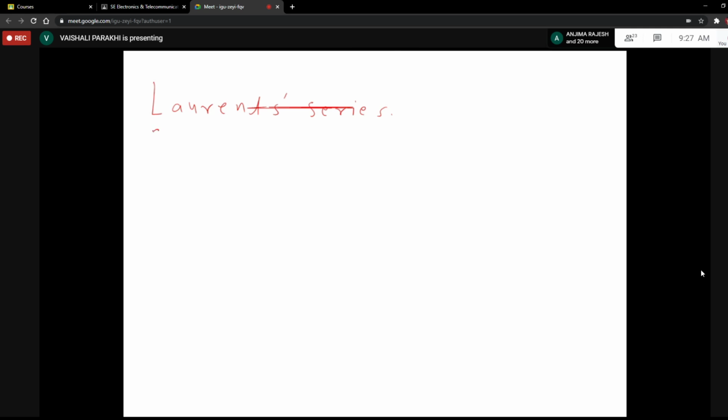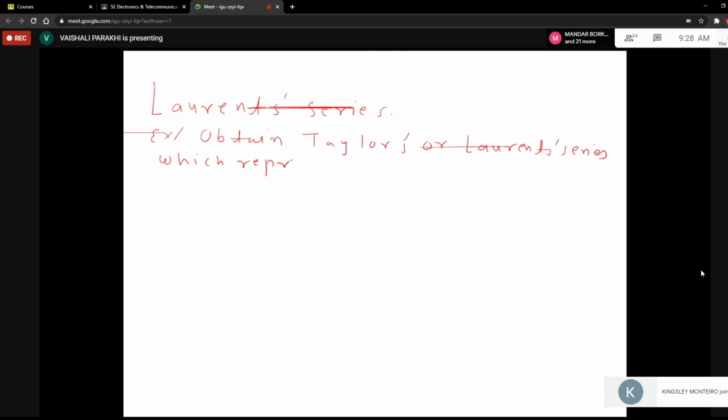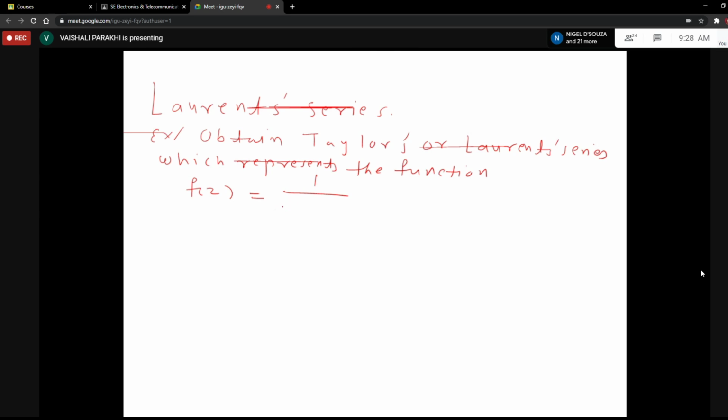Obtain Taylor's or Laurent's series which represents the function f of z is equal to 1 divided by (1 plus z square) into (z plus 1).